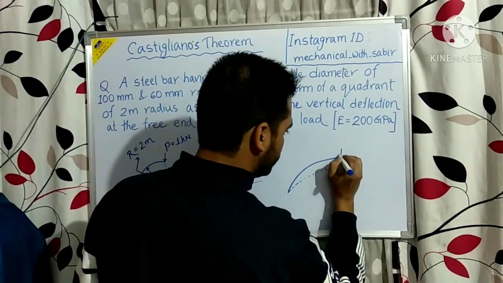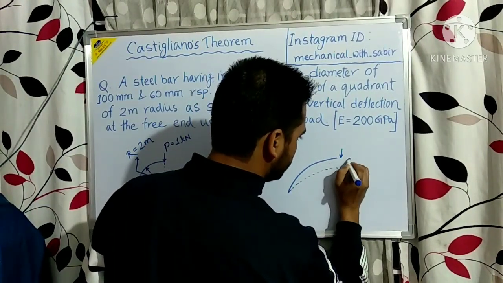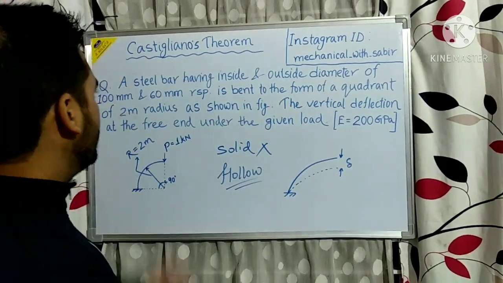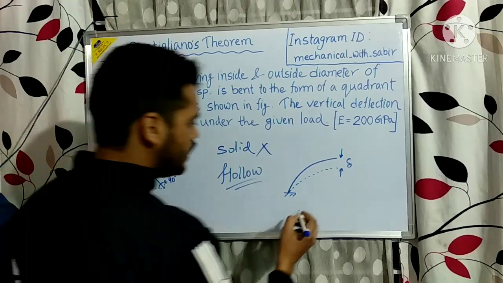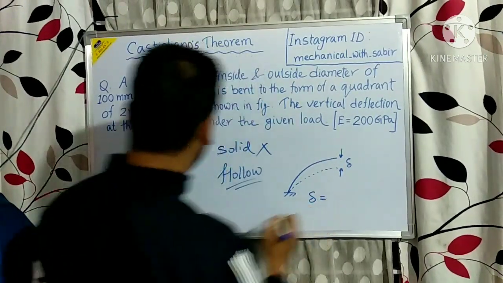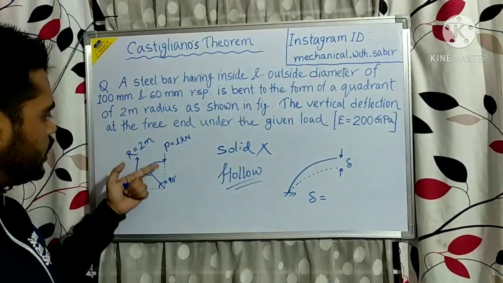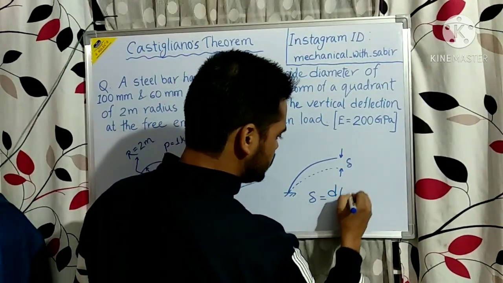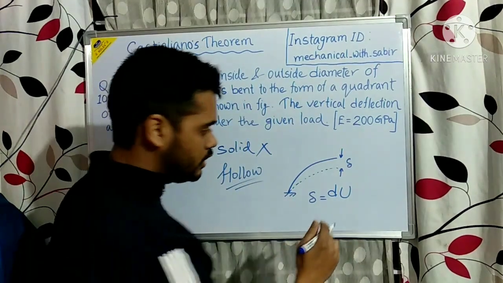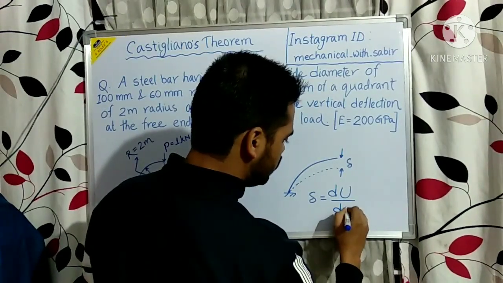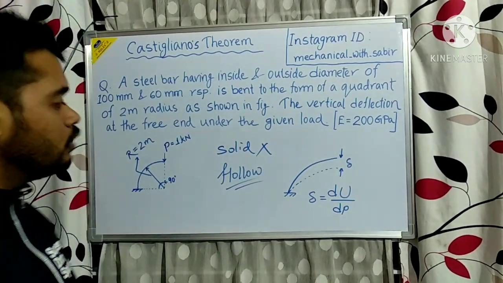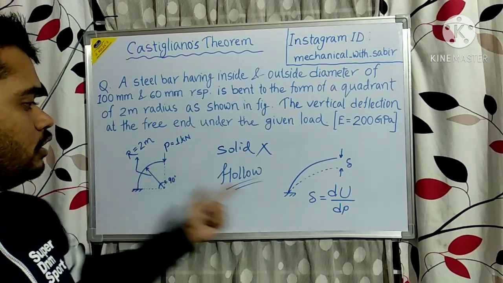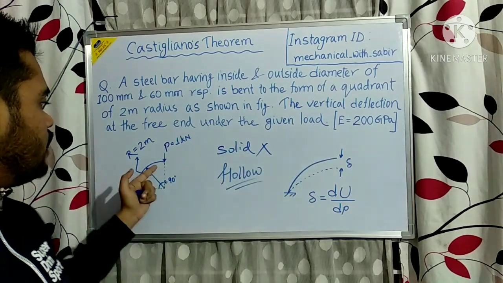This small deflection is called delta. Now according to Castigliano's theorem, this deflection delta at the point of application of the load is exactly equal to the differentiation of strain energy U with respect to the applied load P.